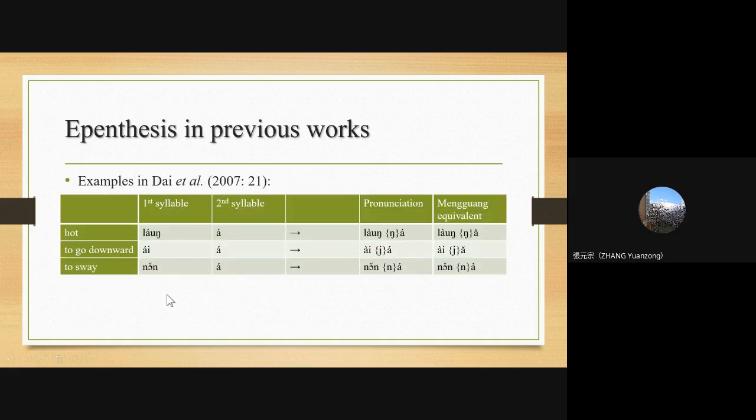There were only three examples of it, that is, three verbs with the realist marker. Long becomes longa, the word to go downward becomes aya, and to sway, non becomes nonna.